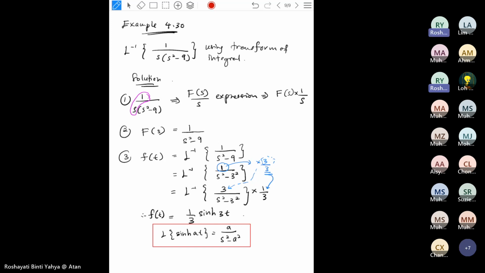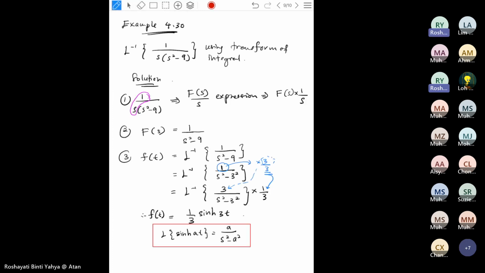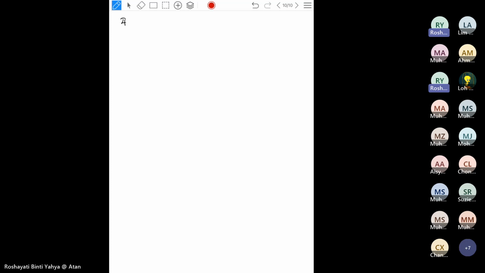Next step. Step number 4, f(u). So for f(u), you have f(t) equal to 1 over 3 sine hyperbolic 3t. Now t you change to u, so 3u.